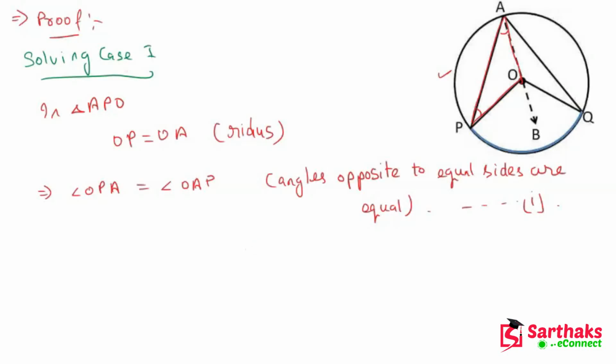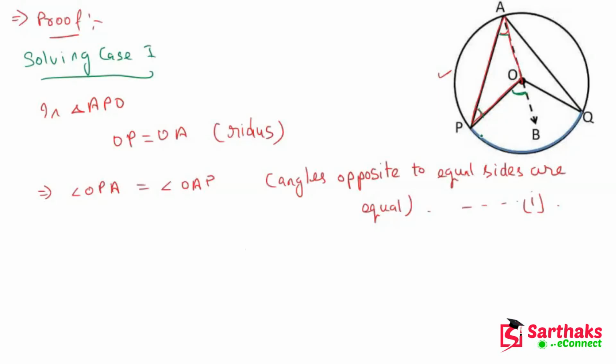And also by the exterior angle property, this angle is the exterior angle of triangle AOP. We know that the exterior angle is the sum of the interior opposite angles, meaning this angle is equal to angle OAP plus angle OPA.